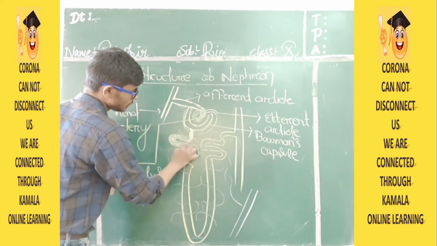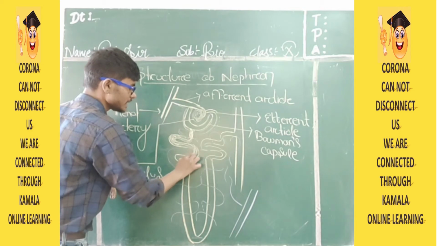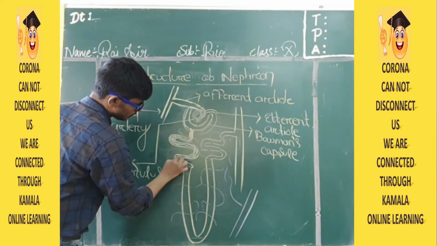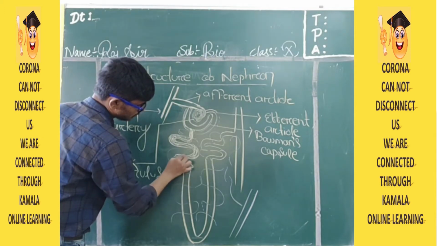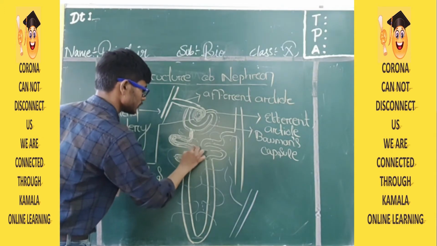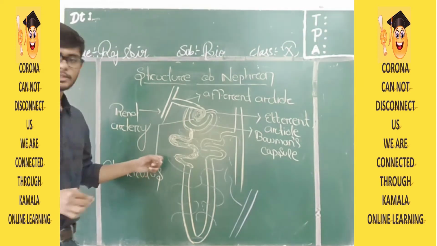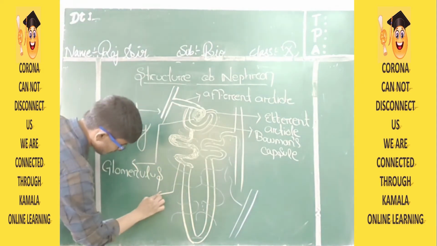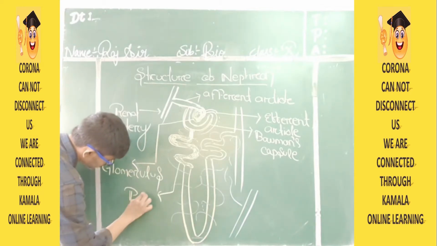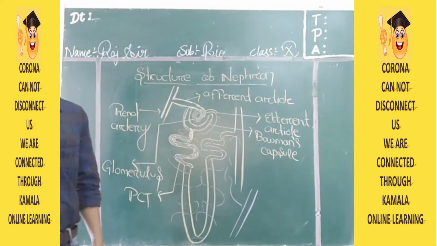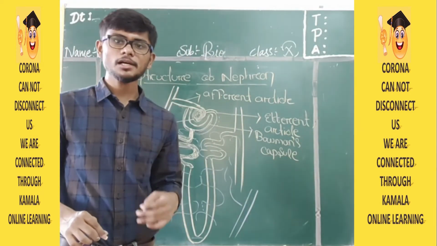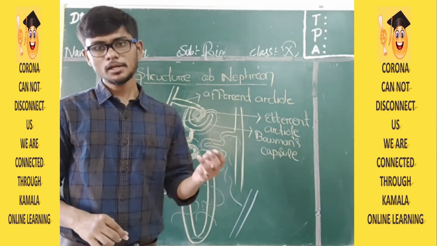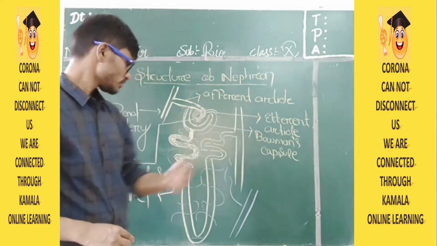This is called PCT. The full form of PCT is proximal convoluted tubule.